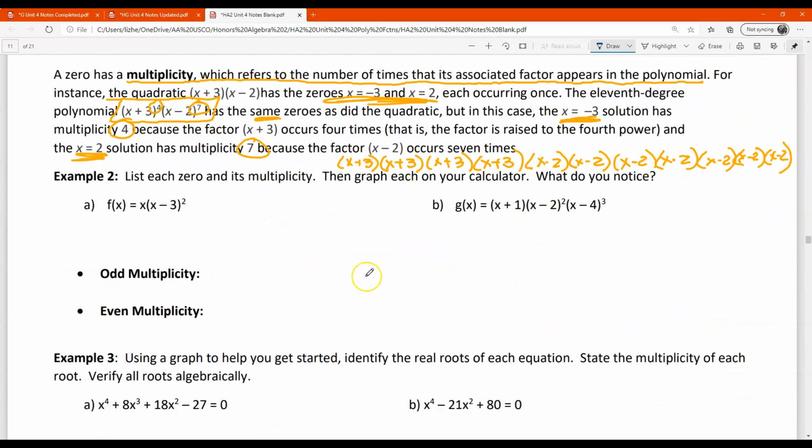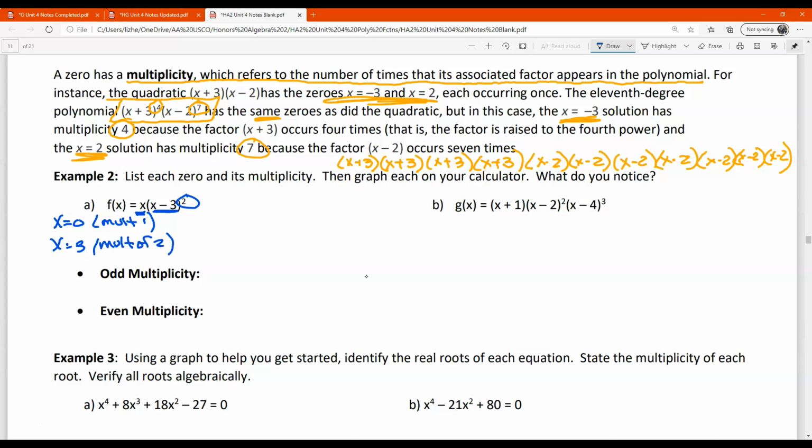Okay, so example 2, list each zero and its multiplicity, then graph each on your calculator. What do you notice? For this first one, A, this is a 0, which gives me x equals 0. It has no exponent, so it has a multiplicity of 1. This is a 0, so x equals 3, but it has a multiplicity of 2.